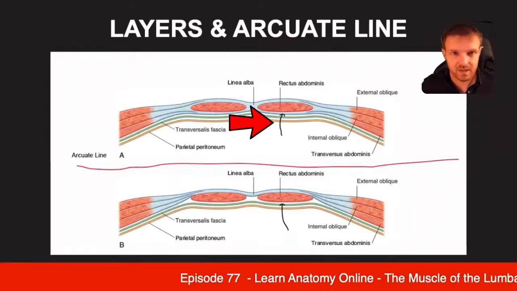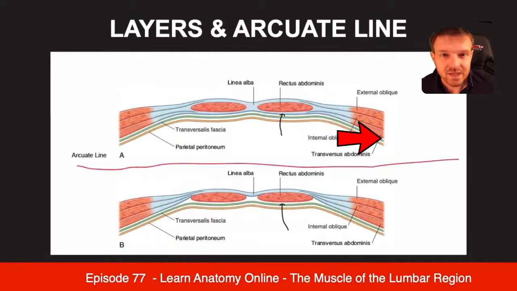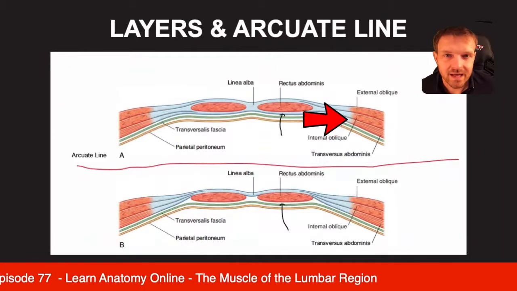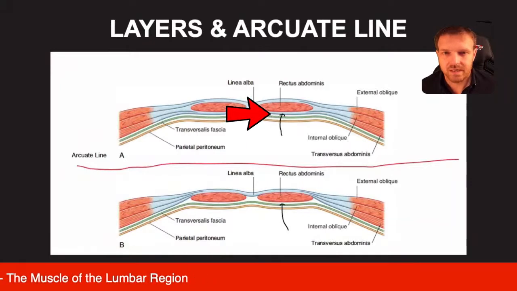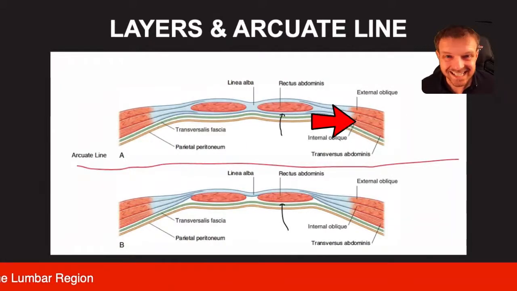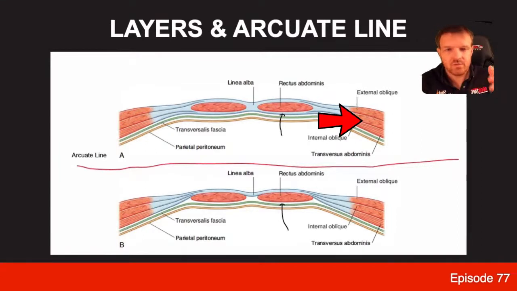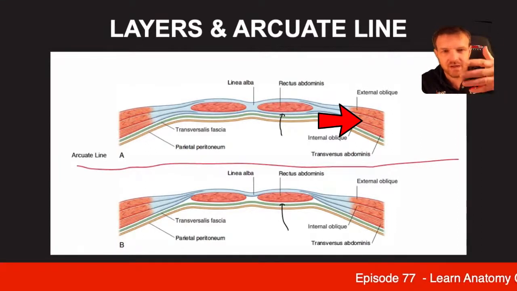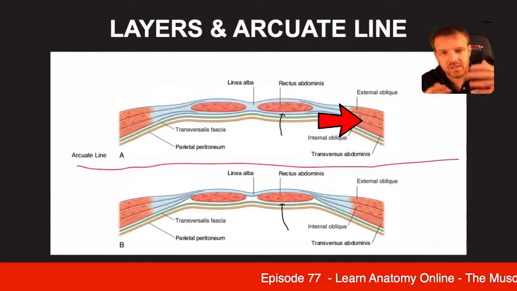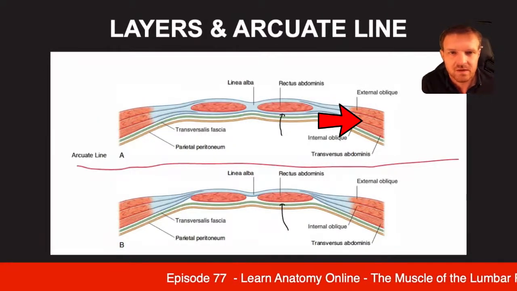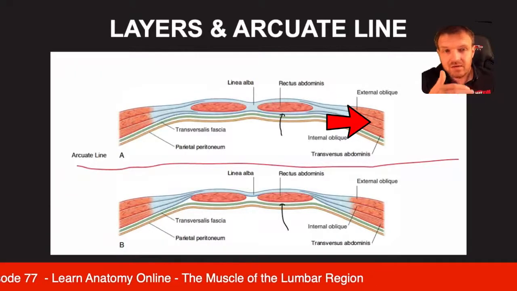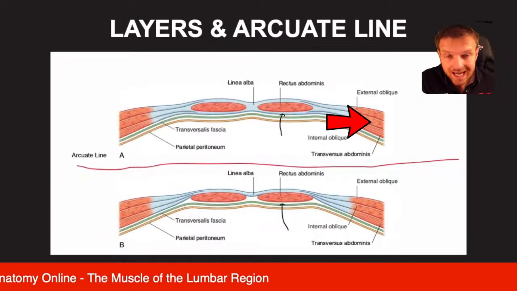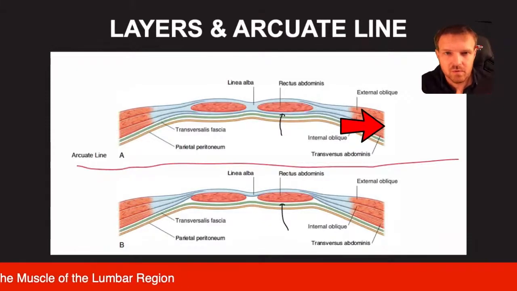Okay, I'm going to do this now, and then we'll unpick it as we go, but I need to show you where we're going. So that's your first layer. That layer goes underneath and then wraps underneath the rectus abdominis. Then the next layer is your internal oblique. Oblique just means a different angle, and you've got internal and external obliques, and we'll have a look at those in a sec. This internal oblique is the middle layer of the front of your abdominal wall.